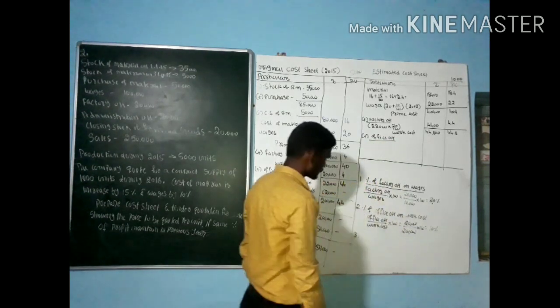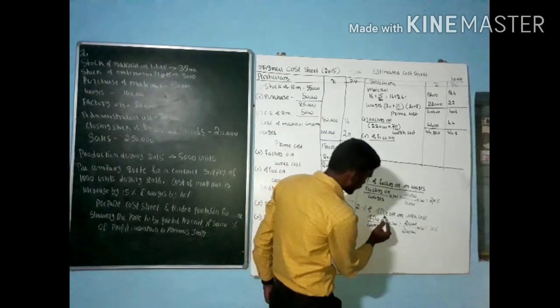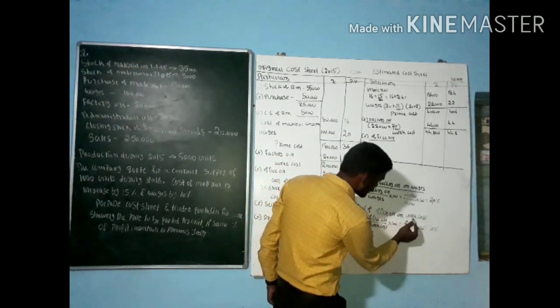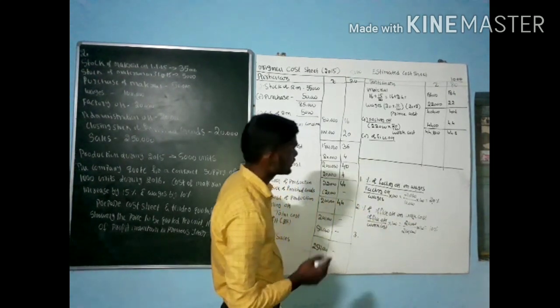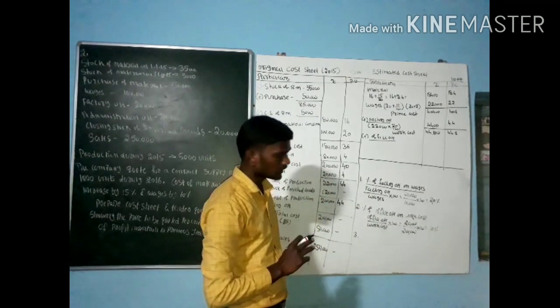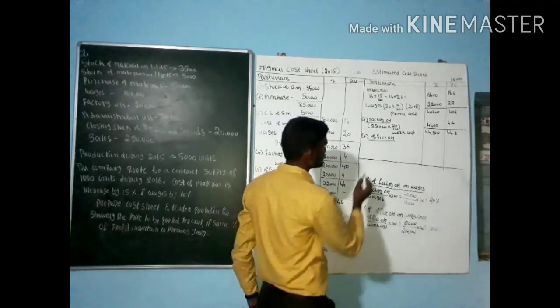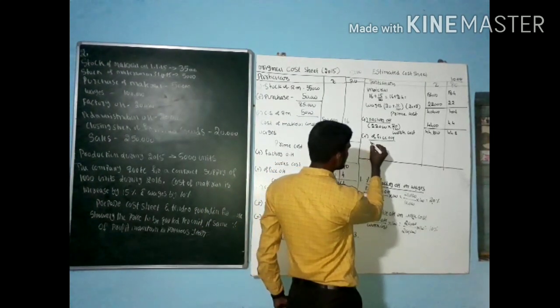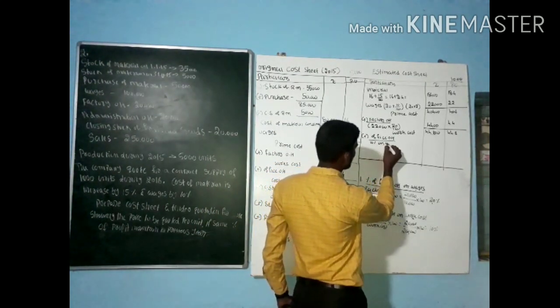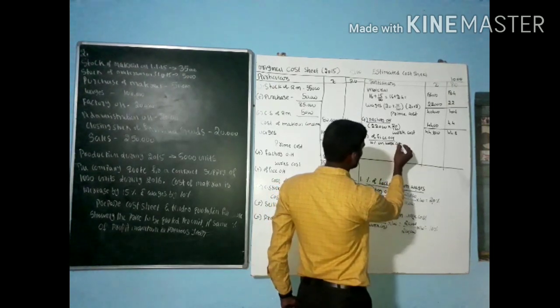Again, when it comes to office overhead, we need to calculate office overhead on work cost. How much is work cost here? That is 44,800. How much percentage do we need to calculate? That is 10 percentage on work cost.